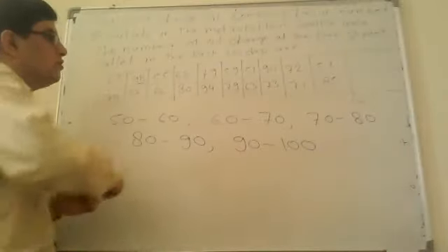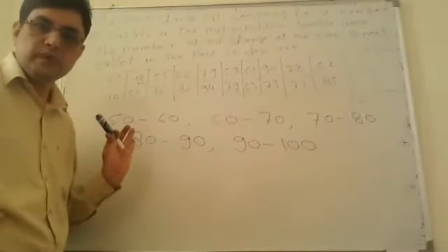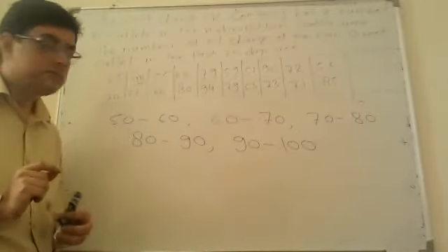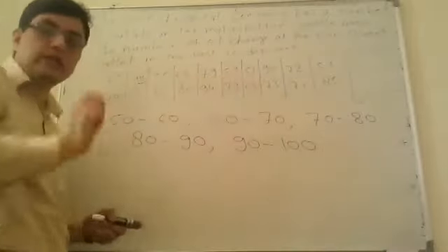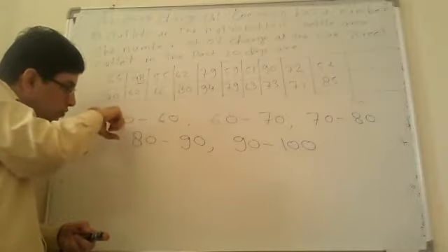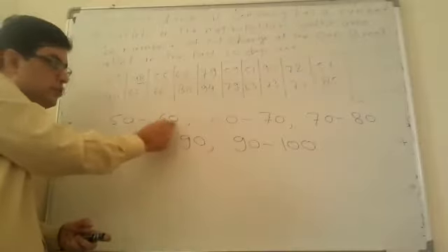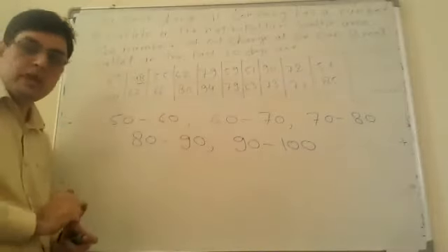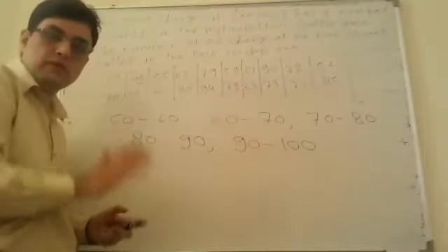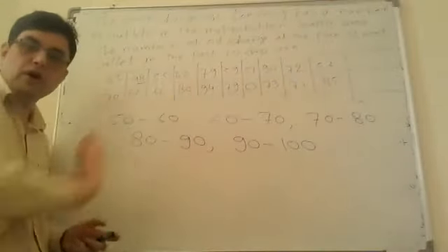All values will be included in these classes. Now, another question. Here 51 is the least, not 50. It means all values more than 50, but up to and equal to 60, should be included here. Here, all values more than 60, up to and equal to 70. Same for all.